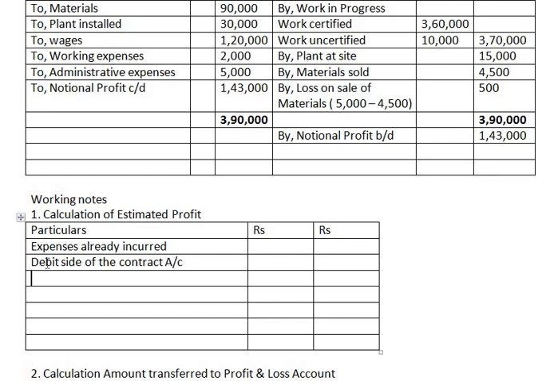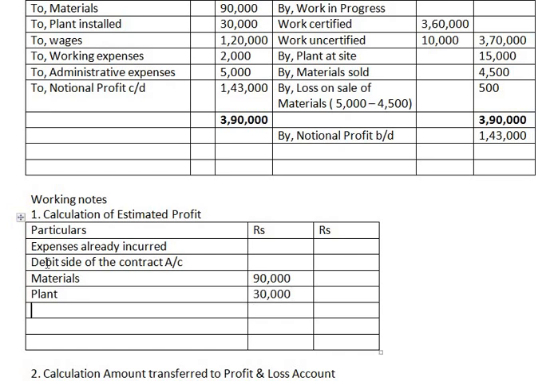Now what all have we taken on the debit side? Just go through the debit side. Materials amount is 90,000. Next, plant amount is 30,000.